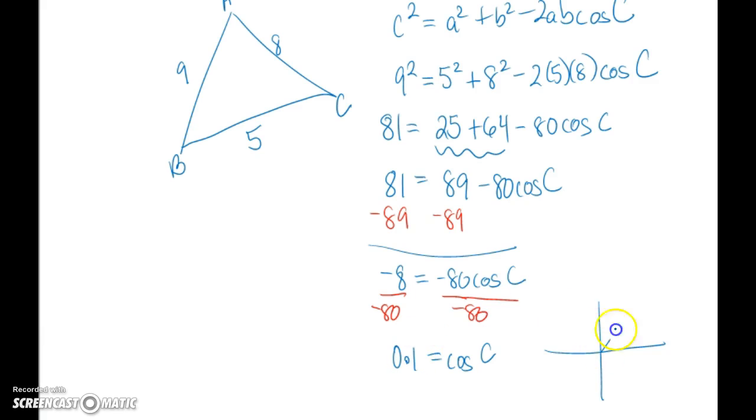Now remember, trig equations have solutions in multiple quadrants. 0.1 is positive, cosine is positive in quadrants 1 and 4. If we mark that angle, 84.26 or 84.3, our quadrant 1 solution for C is 84.3 degrees. Our quadrant 4 solution for C is 360 minus that value, which is 275.7 degrees.